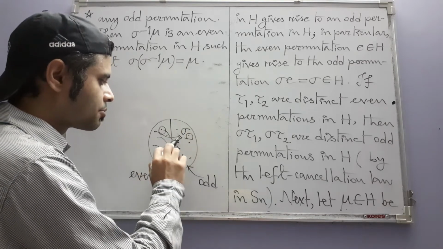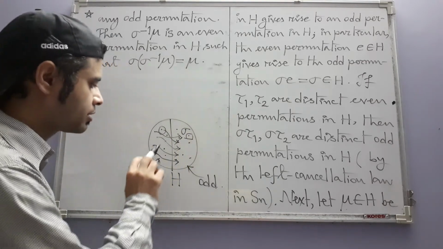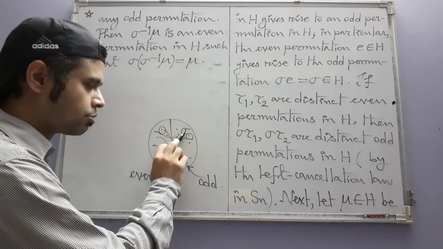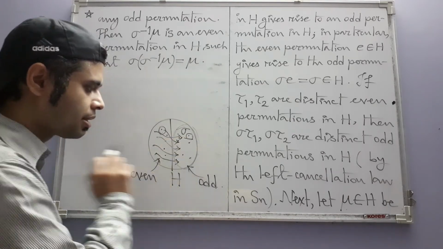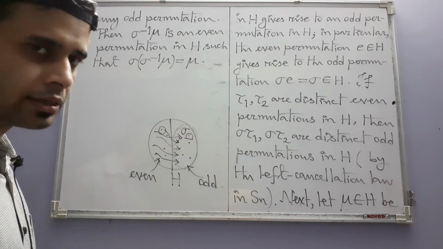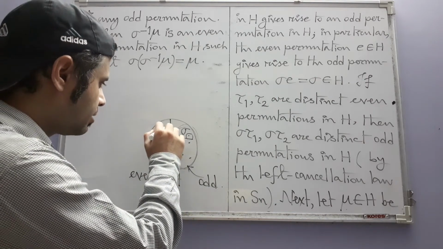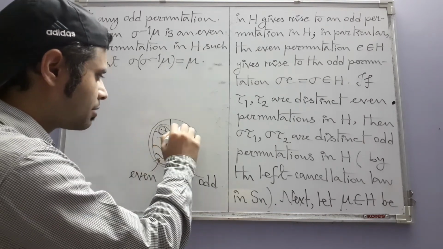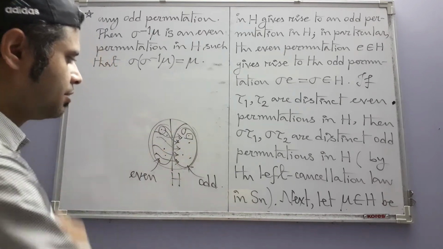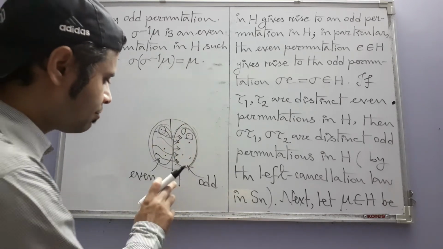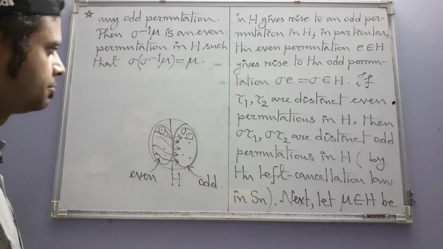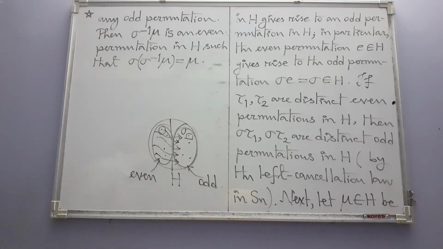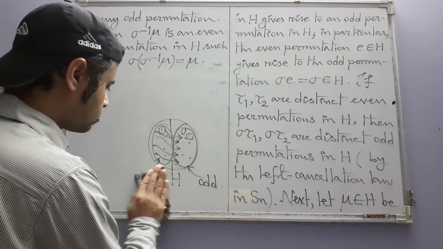I mean, this process of finding odd permutations from even through sigma actually takes into account all the odd permutations, and that is why there are exactly that many odd permutations as there are even permutations. So half of H is even, the other half is odd. That we have been able to show now.